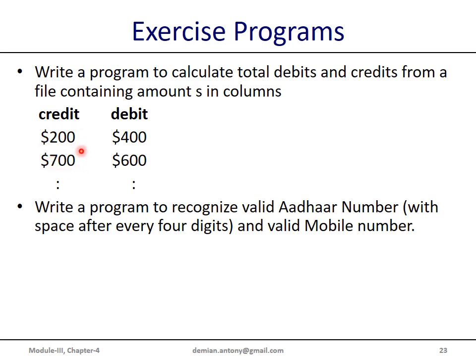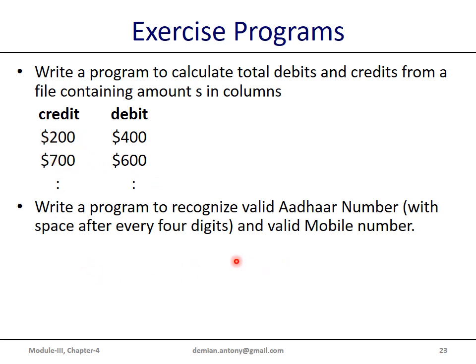You can keep it fixed at 3 digits, mentioning 3 in curly braces, or using a plus. With this you can extract both debit and credit, add them, and then display the total credit and the total debit. Whatever you extract needs to be converted to an integer, and then you sum up.